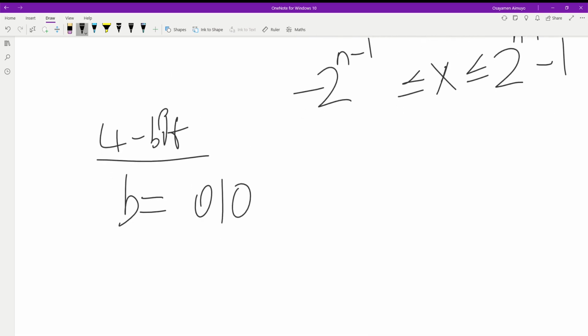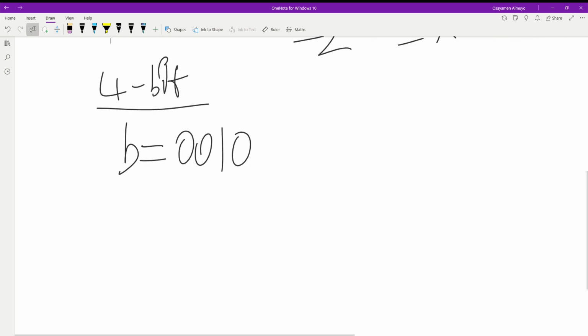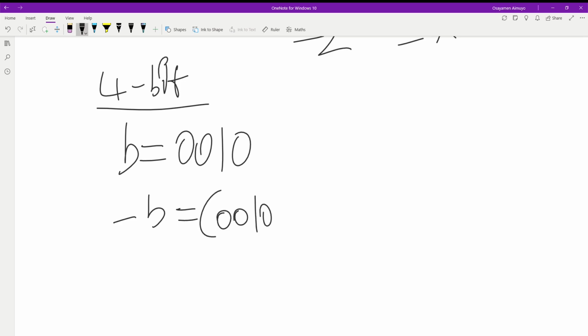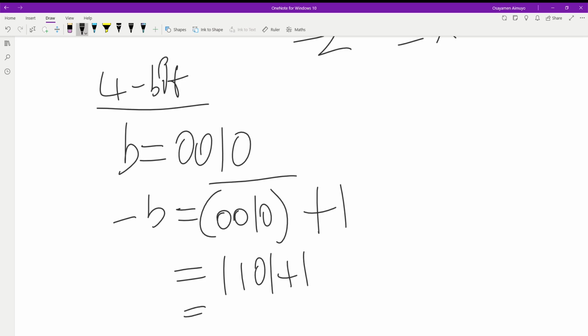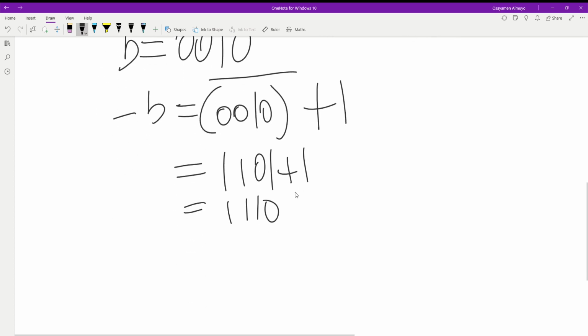To get the 2's complement, the resultant value becomes negative b: you take 0, 0, 1, 0, invert it, which becomes 1, 1, 0, 1, and then plus 1, which is equal to 1, 1, 1, 0. So that is it for 2's complement.